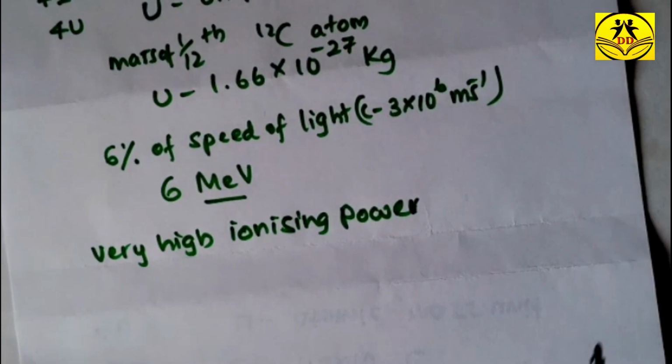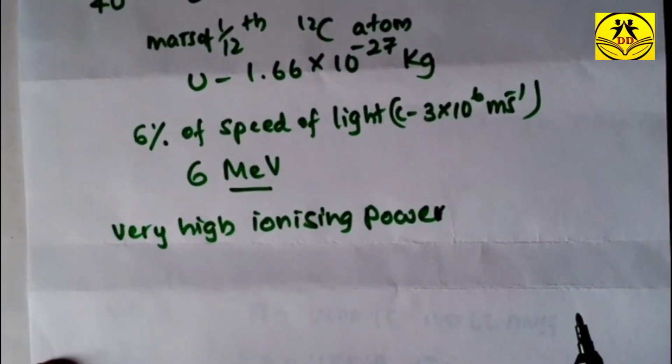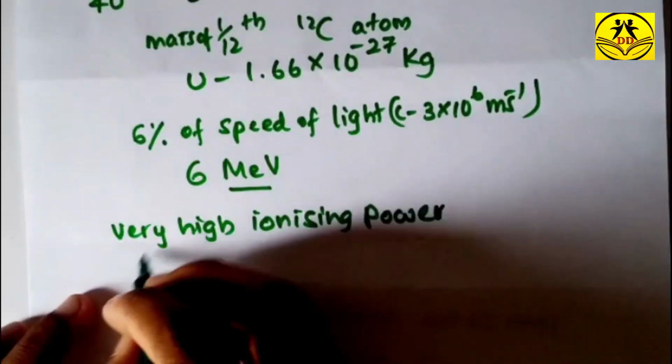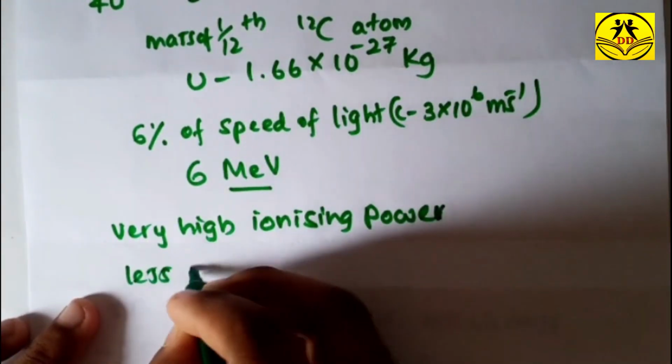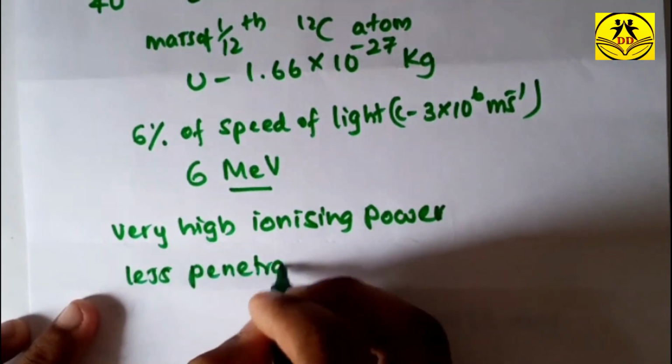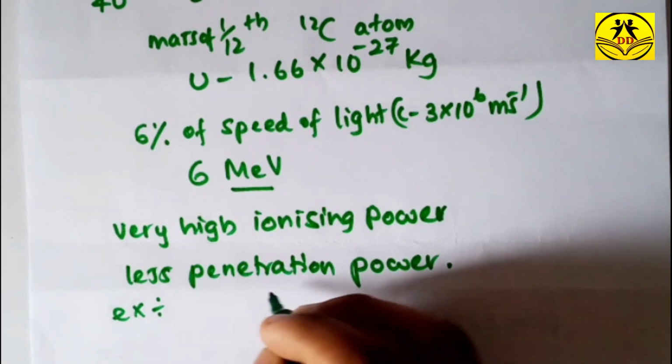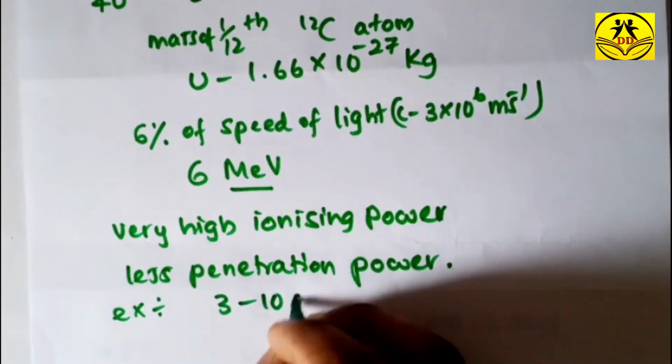Alpha particles have the largest nuclei, so they are comparatively heavier than other types of radiation. Therefore, they have less penetration ability. For example, they can penetrate air for about 3 to 10 centimeters.